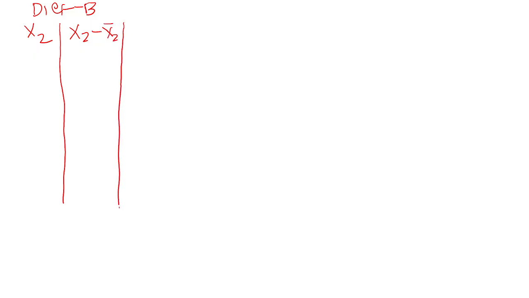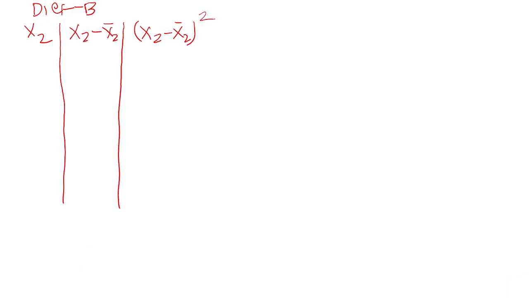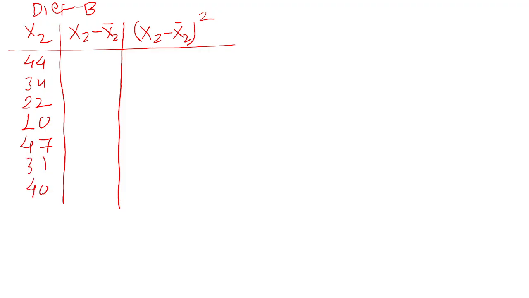Now we'll take diet B. So this will be x2, x2 minus x2 bar, x2 minus x2 bar whole square. Okay, so it will become 44, 34, 22, 10, 47, 31, 40. Then we have 30.